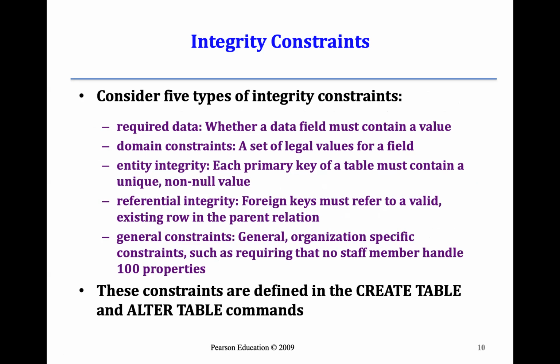There is relation or referential integrity, which means every foreign key either references a valid primary key in another relation, or all the fields of the foreign key are null, and there are general constraints. And on top of that, SQL gives us a 5th type of constraint, which is domain data. So it is a set of legal values for a field. You can constrain the set of legal values for a field.